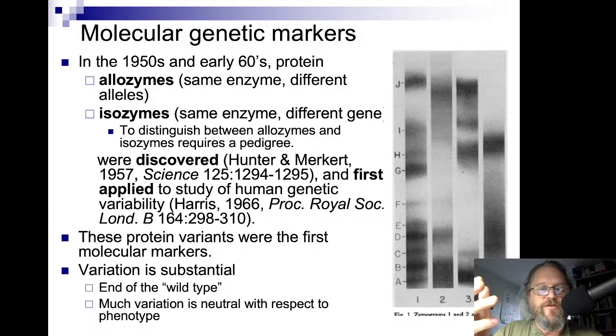We'll typically just talk about allozymes because distinguishing between the two requires a pedigree, and we're not really using these kinds of molecular markers that much anymore. But I wanted you to understand that just given a blood sample, okay, you can separate out proteins from the blood and you could run it on a gel.